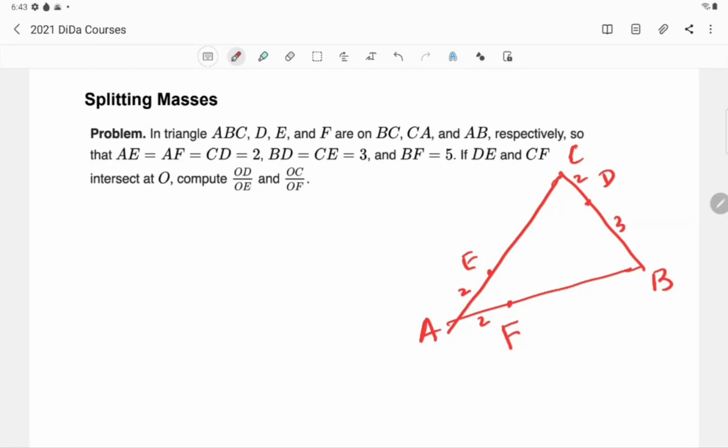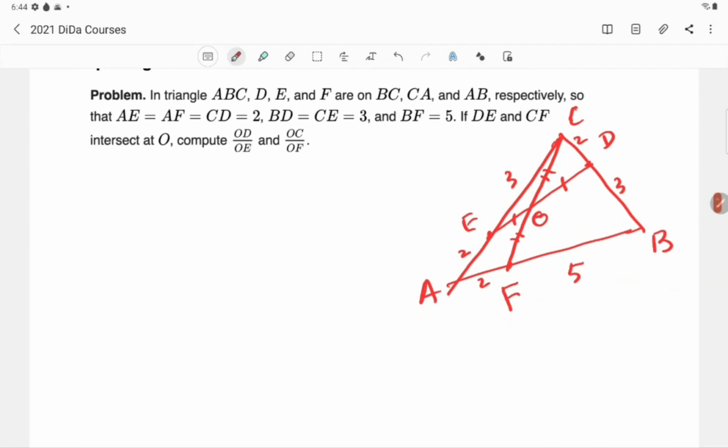BD is 3, and CE is also 3. And BF is 5. Okay. So if DE and CF intersect at O, you're asked to calculate OD over OE, and OC over OF.